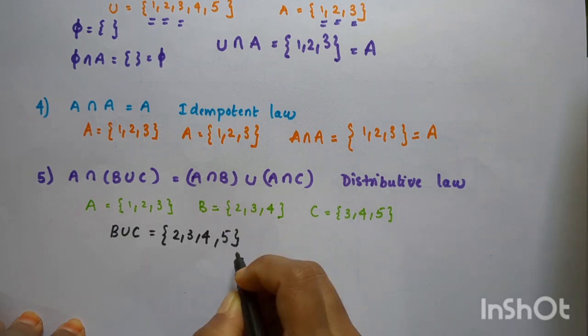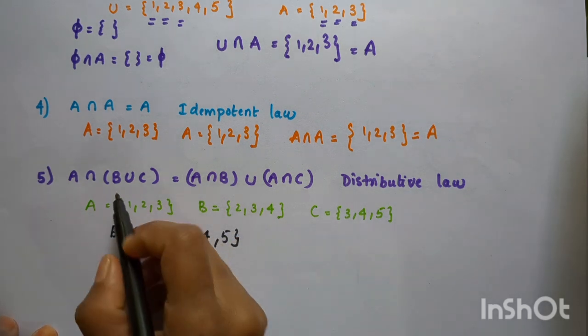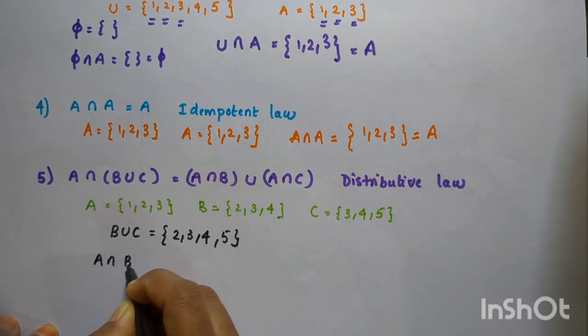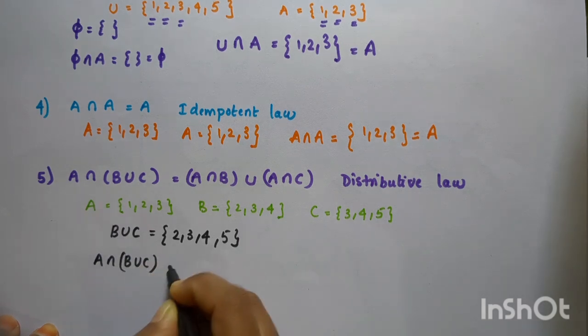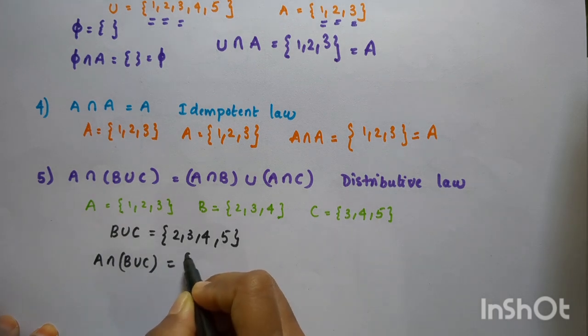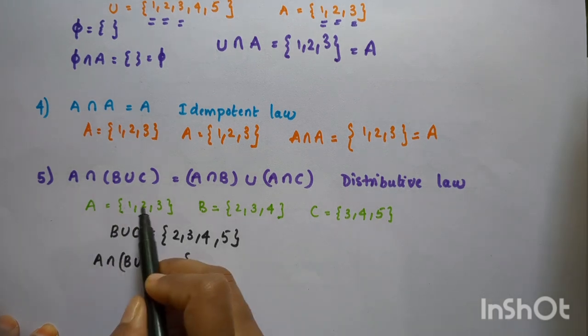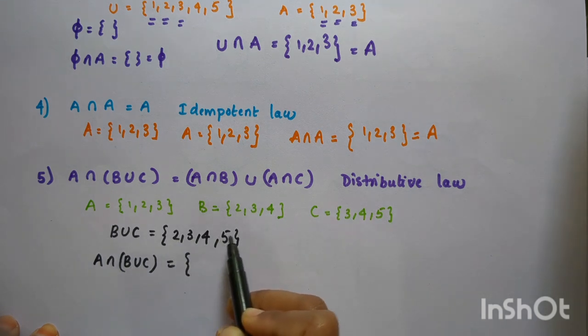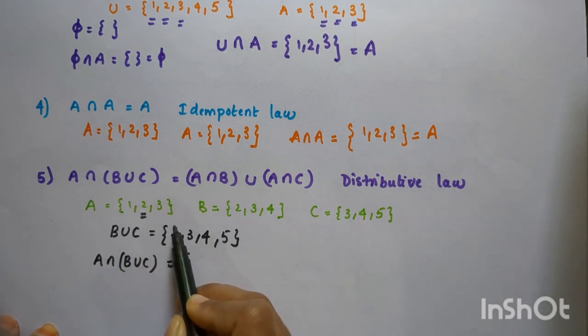So this is B union C. Okay, now what about A intersection (B union C)? While we are considering the intersection of two sets, we have to write the elements which are common in both. So in A we have these elements 1, 2, 3. In B union C we have 2, 3, 4, 5. So which are the common elements here? 2 is common in both.